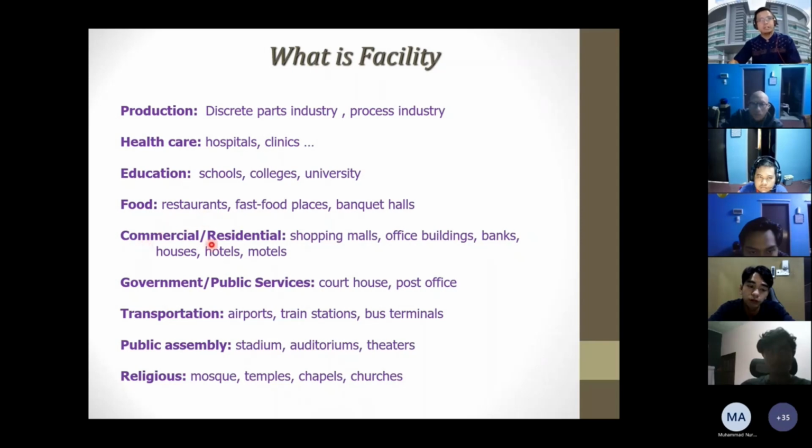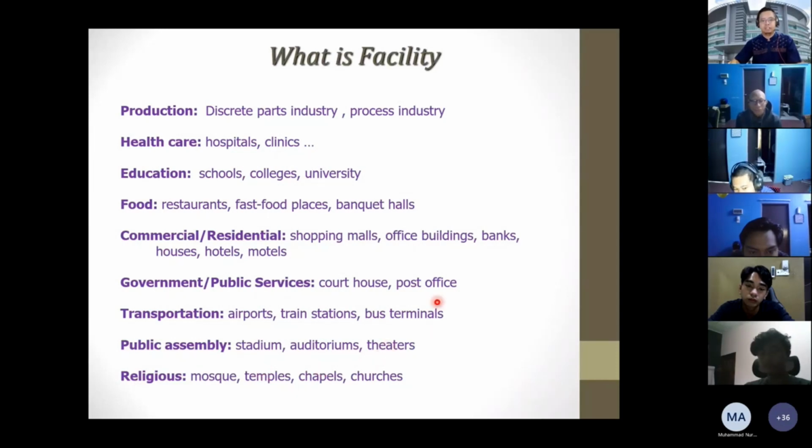In commercial and residential, it is shopping malls, office buildings, banks, houses, hotels and motels. In the government or public sector, it is a courthouse or post office. For transportation, airport, train station, bus terminals. Public assemblies such as a stadium, auditorium or theater, and religious places such as a mosque, temple, chapel and church.